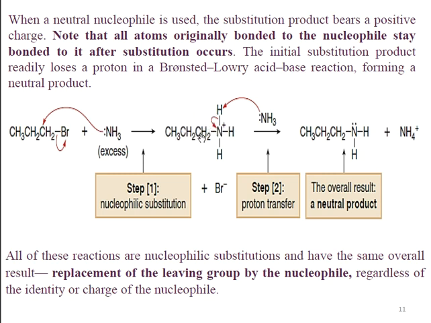The substitution happens and the Br is removed, but we have a positive charge, and the original nucleophile stays in the product. And what will happen? The initial substitution product readily loses a proton in a Brønsted-Lowry acid-base reaction.